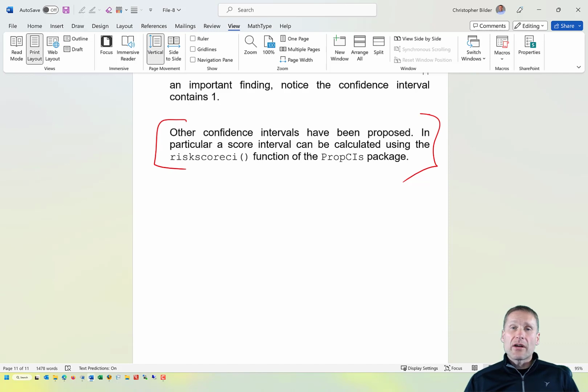There is another confidence interval that can perform quite well as well, and this is based upon a score confidence interval. If you're interested in actually using that or learning more about it, take a look at the function called riskscoreci that's in the PropCIs package. Okay, so that concludes this section on the relative risk.